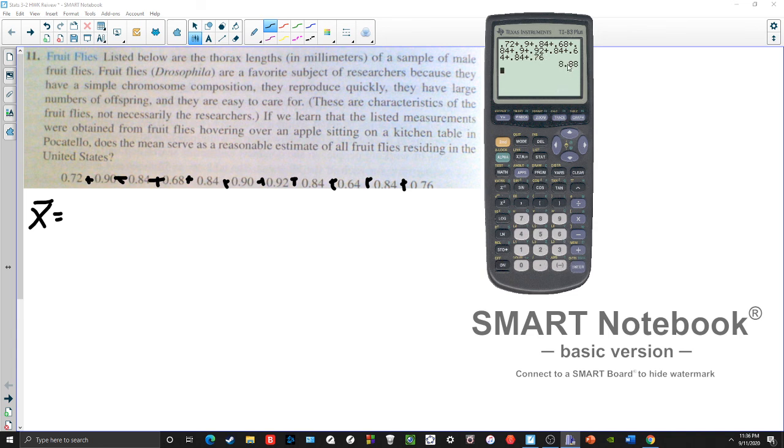We get 88.88, and then we divide by my count. There's 1, 2, 3, 4, 5, 6, 7, 8, 9, 10, 11.